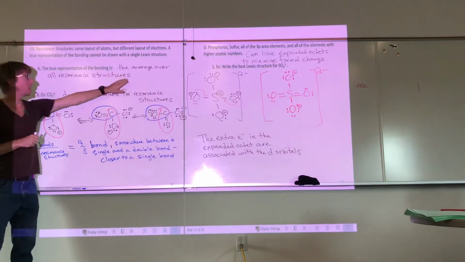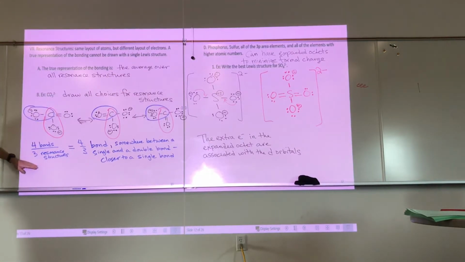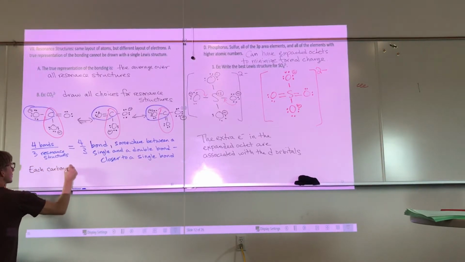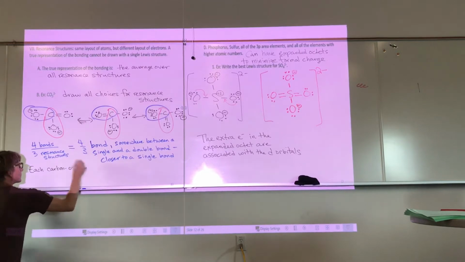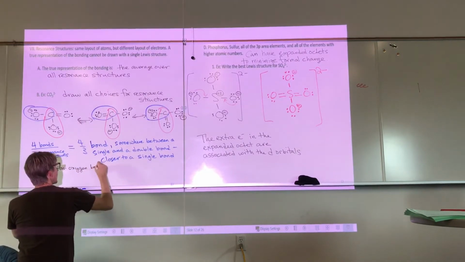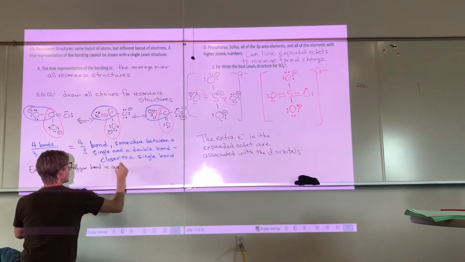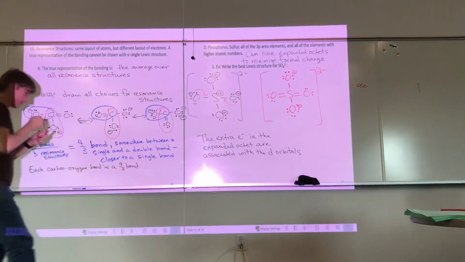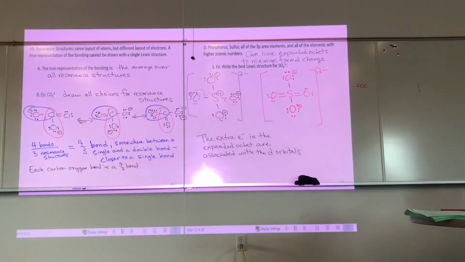The average over all resonance structures tells us that each carbon-oxygen bond is a 4/3 bond.